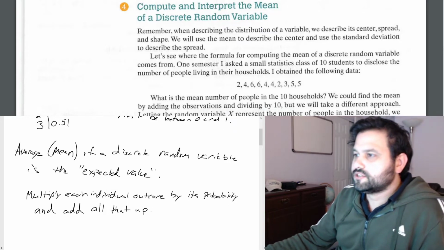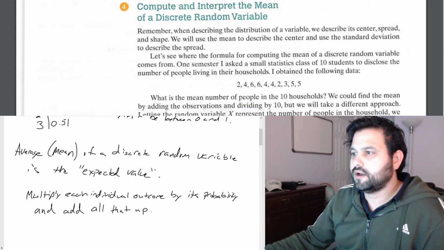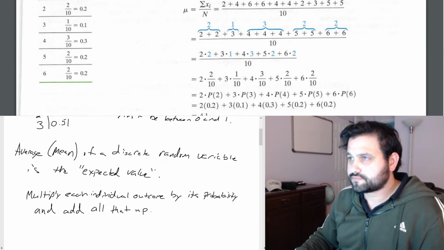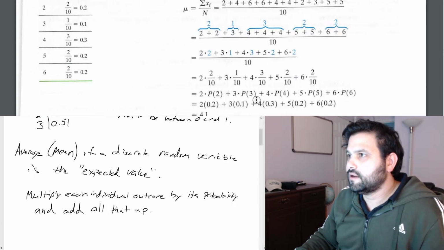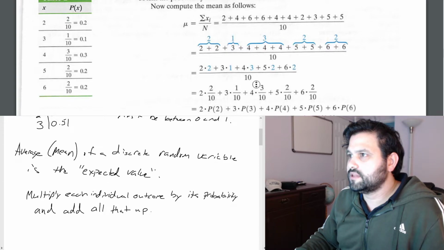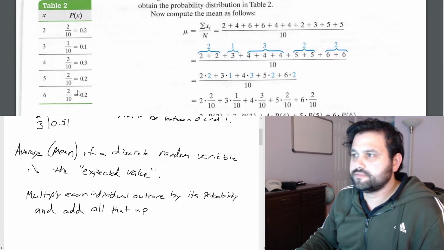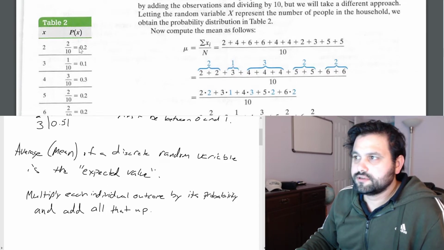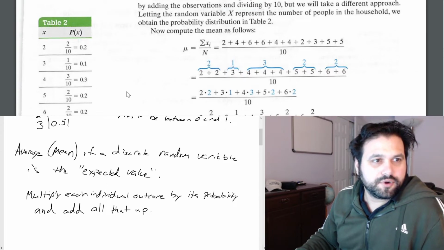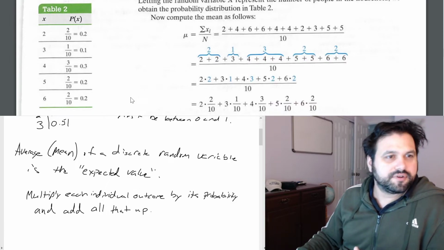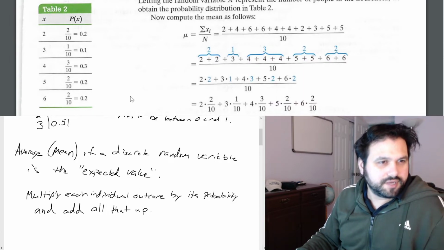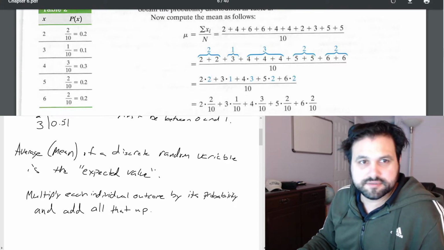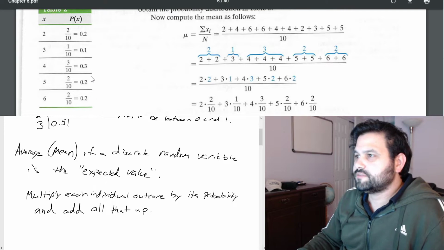Okay, so for example, in the book, they have an example here. Here is a probability distribution, table 2. Let's make sure, look at the probabilities. 0.2, 0.1, add them up, 0.3, so we got 0.3, 0.6, 0.8, 1, right? So 100%, so that adds up, and nothing's less than 0, nothing greater than 1. So that's a probability distribution.